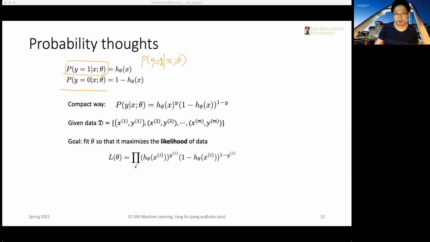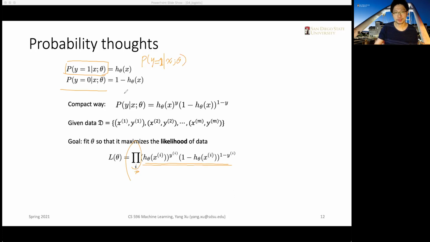Okay, this symbol is to multiply all the items together, right? So each item is one probability for each single data instance, and i iterates over 1 to n.